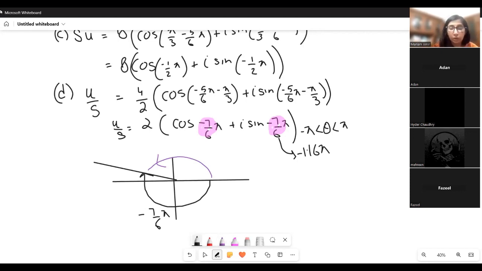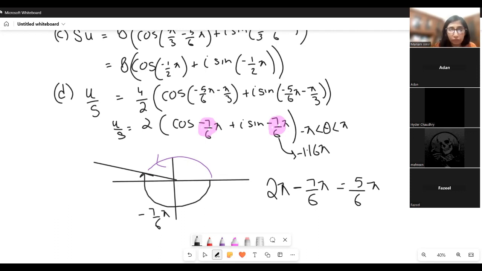So now what do we do? The whole angle is 2 pi. From 2 pi, subtract this angle 7 by 6 pi. That would be 2 minus 7 by 6, which is 5 by 6 pi. So we're going to write this angle instead. Instead of writing the clockwise angle, we're going to write the corresponding anti-clockwise angle.